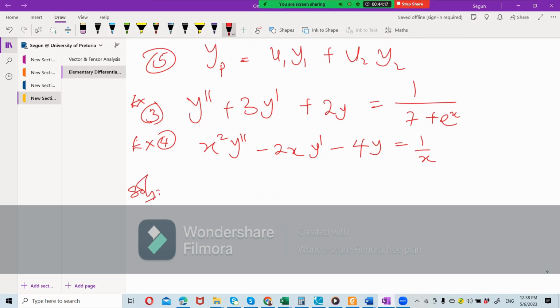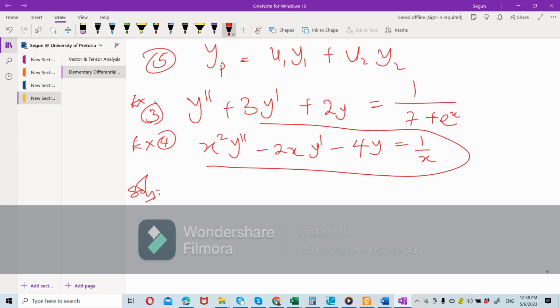Now, remember, the first thing you need to do is to make this particular equation homogeneous first. Solve this homogeneously and get your y complementary. That is the first step.